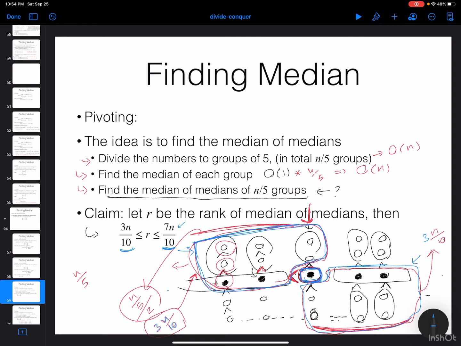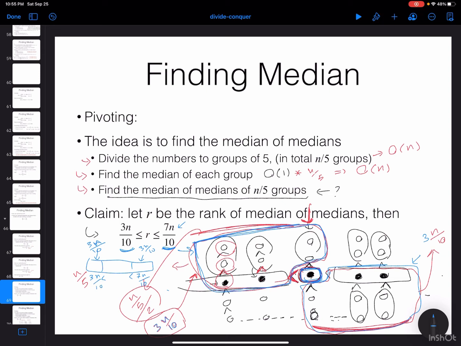This whole part is all the n items. How many items here? 3n divided by 10 items here, 3n divided by 10 items here. So the rank is going to be between 3n divided by 10 and 7n divided by 10.